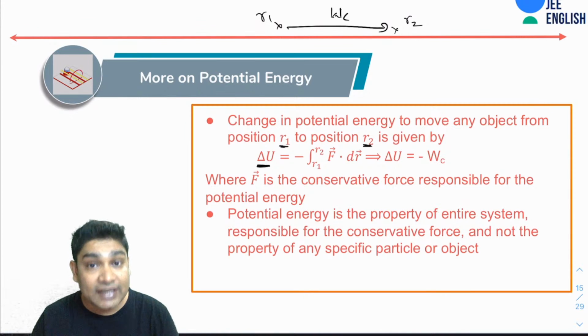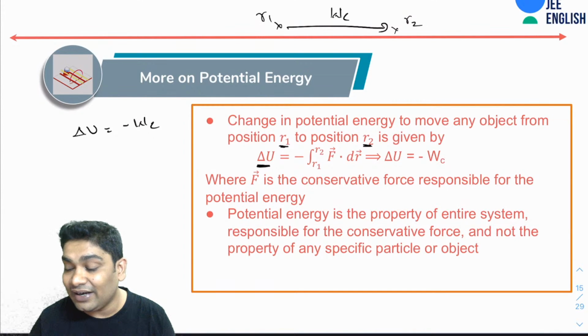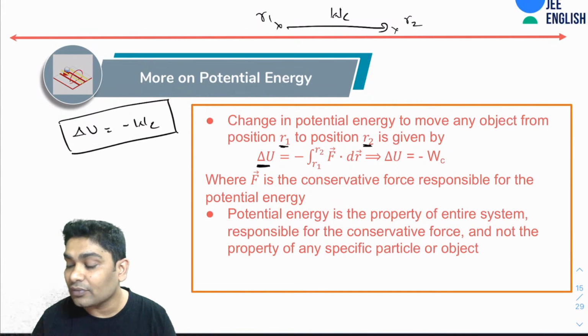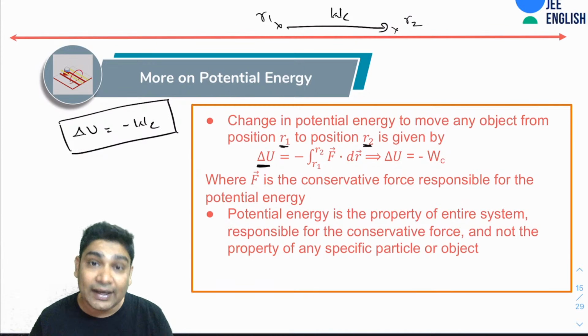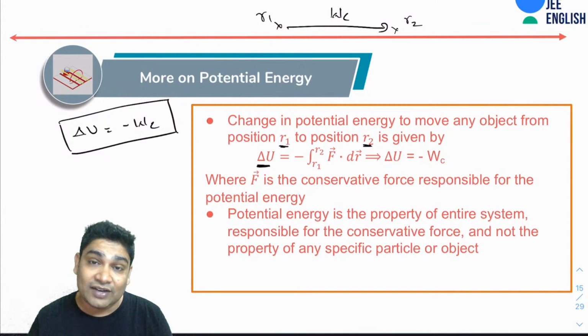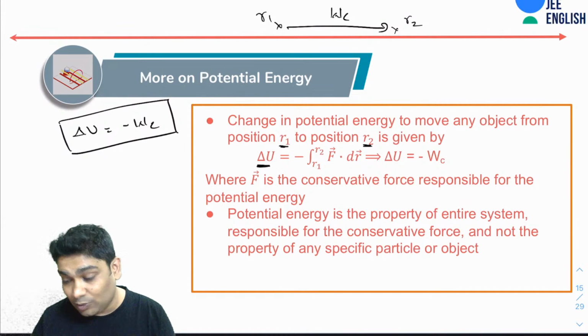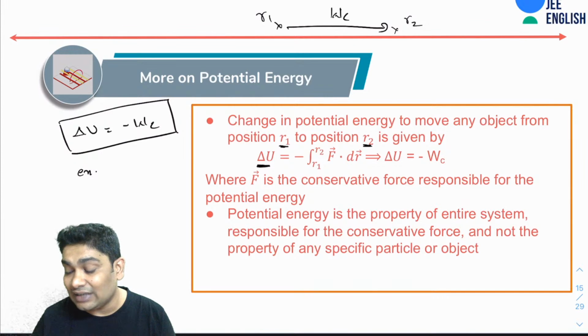And if the work was negative, then my potential energy would have increased by WC. So I can use this relation between delta U and WC. That is how we mathematically find the equation of potential energy for any conservative force. Let's take an example: suppose a conservative force does minus 5 joule work.